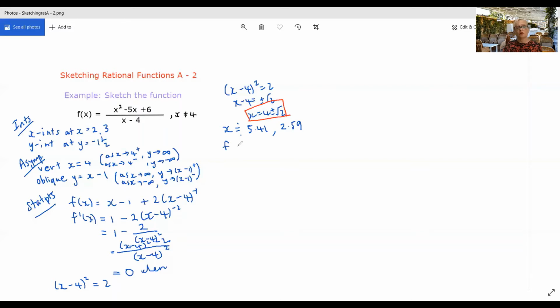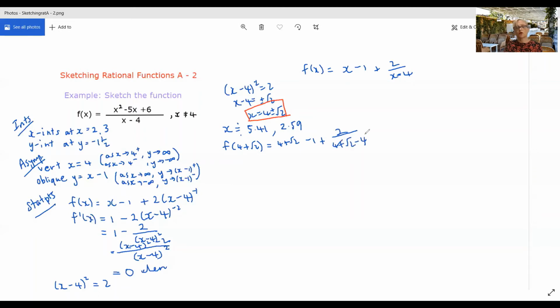So f of 4 plus root 2, just subbing it into the equation, probably our original equation where we had our f of x is x minus 1 plus 2 on x minus 4. That's a good one to sub in. So obviously we're going to get 4 plus root 2 minus 1 plus 2 over 4 plus root 2 minus 4.